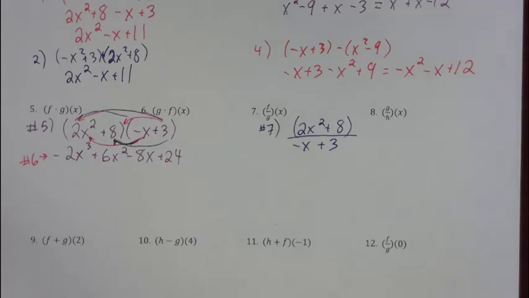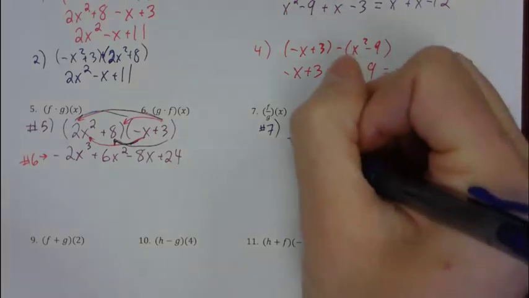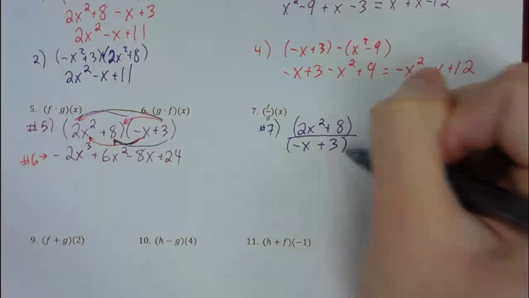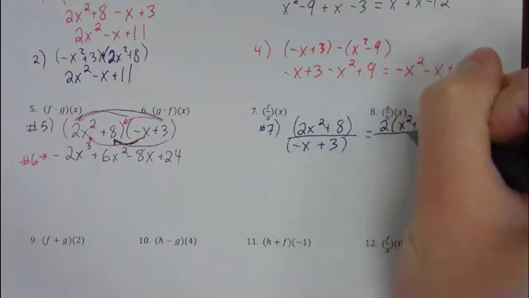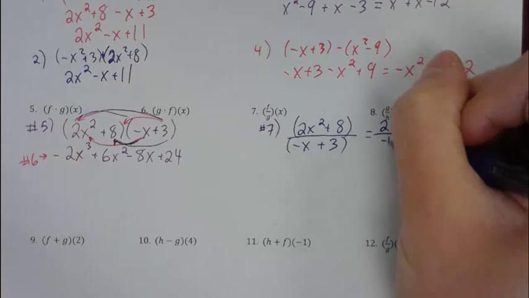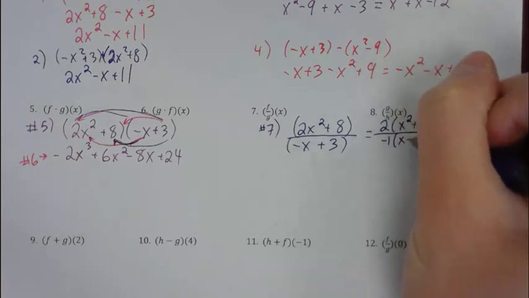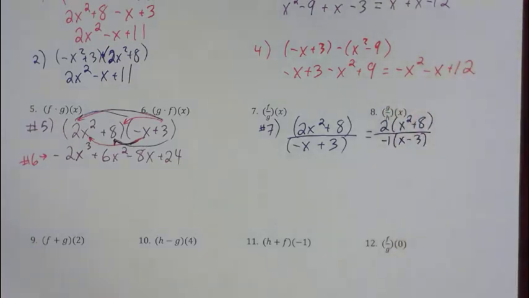We're just worried about setting it up correctly. We could try to factor the top and bottom to see if that would work out. The top would factor to 2 times x squared plus 8, and the bottom would just be negative 1 times x minus 3. So that obviously didn't get us very far, and that's as far as you could take that problem.